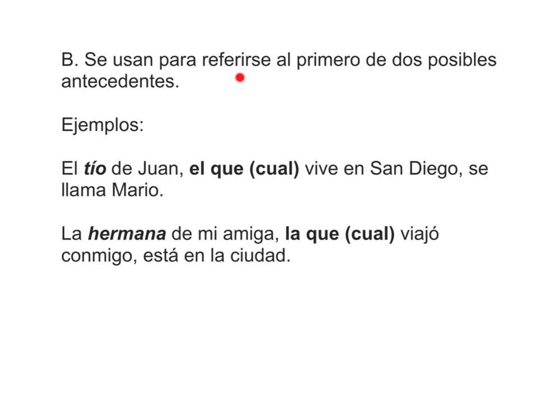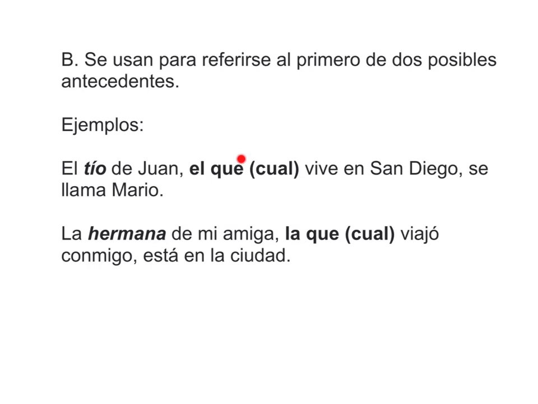B. Se usan para referirse al primero de dos posibles antecedentes. So to refer to the first of two possible antecedents. Ejemplos. El tío de Juan, el que o el cual vive en San Diego, se llama Mario. So if you take a look at this, we've got two possible antecedents, tío y Juan.